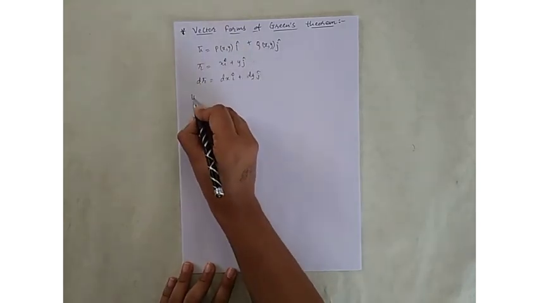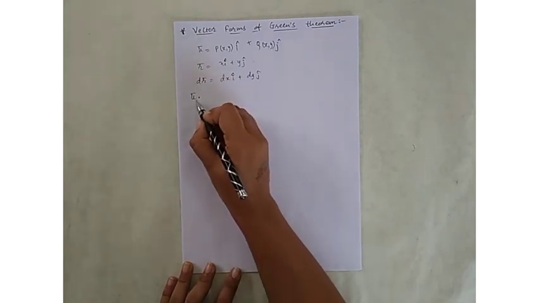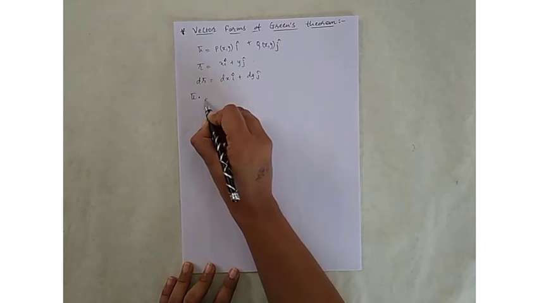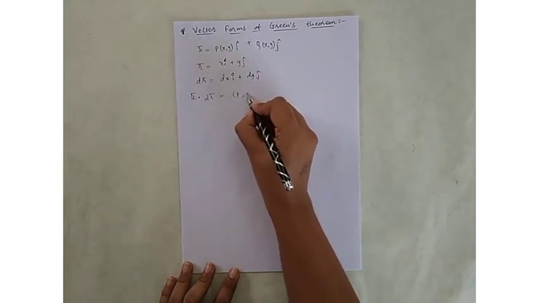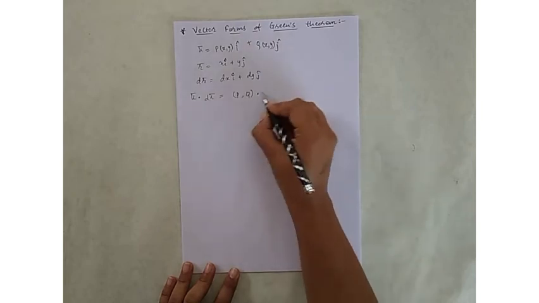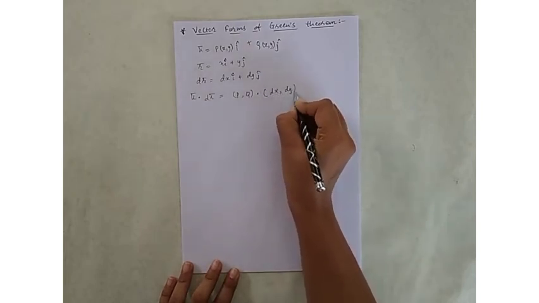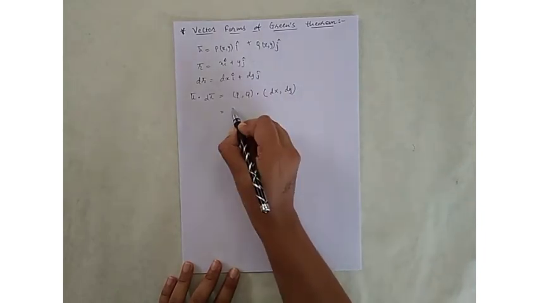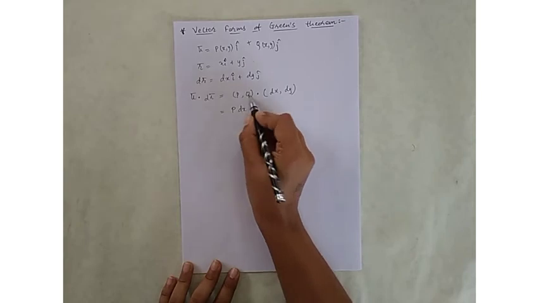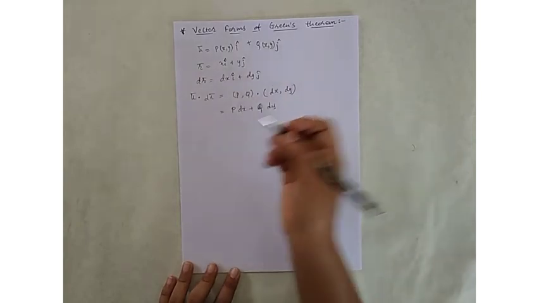So next, make the dot product of vector u bar and dr bar, which is equal to (p, q) dot (dx, dy). So the dot product of these two vectors is p dx plus q dy.